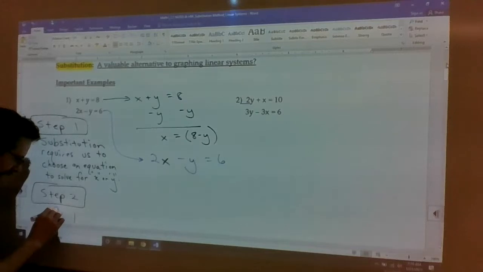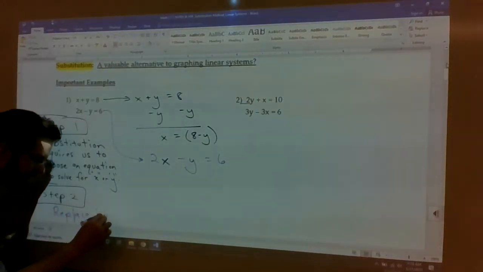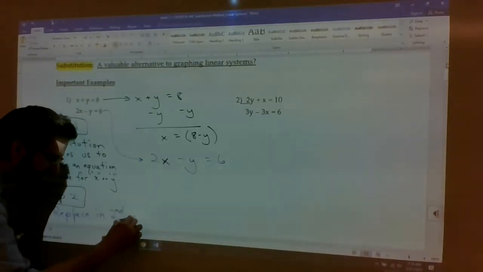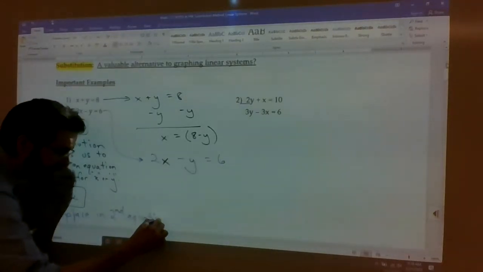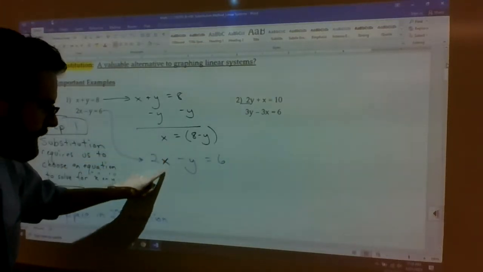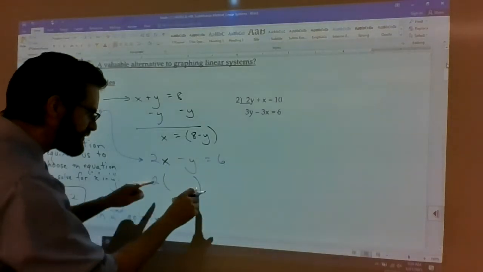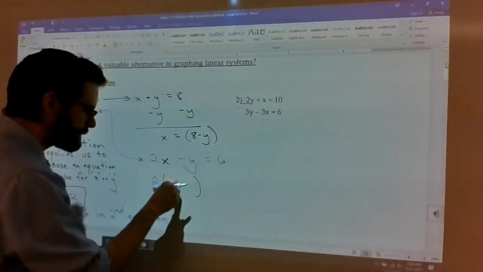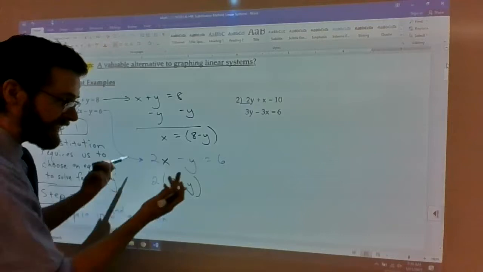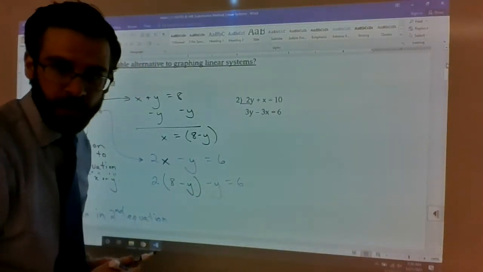We're going to do a replace in second equation. So here's the replacement. That x is going to get out of there, and it's going to be replaced with 8 minus y. That's helpful because now we have nothing but y's as our variable in the second equation.